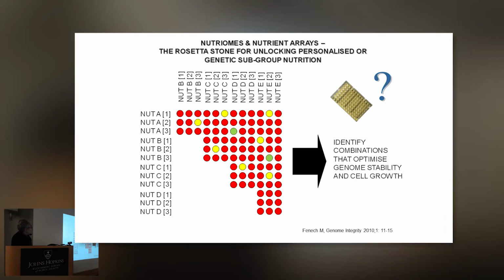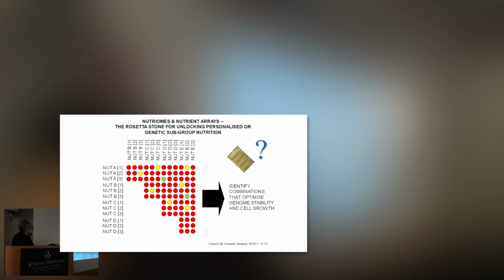You can look at cells without even knowing the genome and see the impact of nutrition by simply exposing them to nutriome arrays, nutrient combinations in different concentrations, and study the impacts on the health of the cells. So even if you didn't have the money to do all the genomic work, you can simply start interrogating the cells of an individual in this way and find out which nutrient combination their cells will grow best in, in a genomically healthy way. And we use this approach in some of our studies.